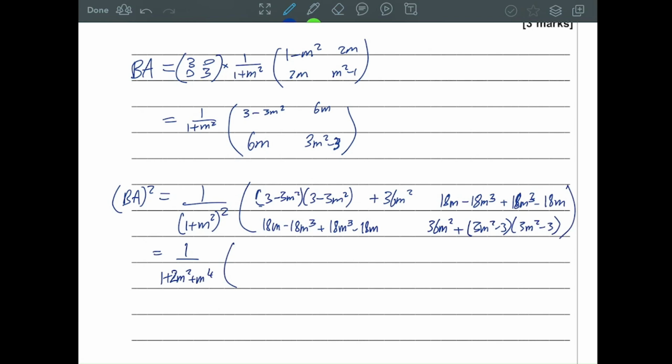And dealing with what's inside here, I've got 9 minus 18m squared plus 9m⁴. We've already observed that those components disappear to 0. Oh, I've missed the 36m squared. And down here, 36m squared plus 9m⁴ minus 18m squared plus 9.